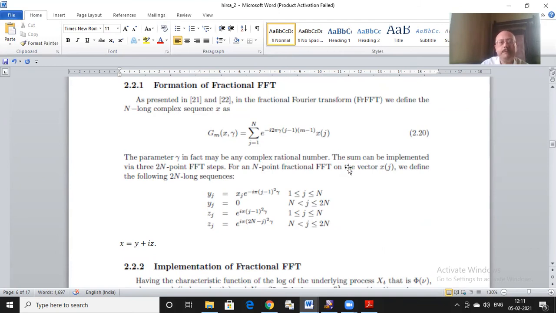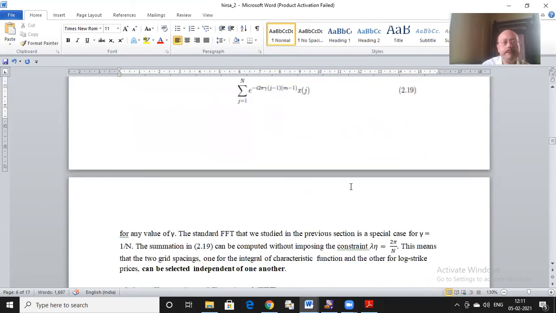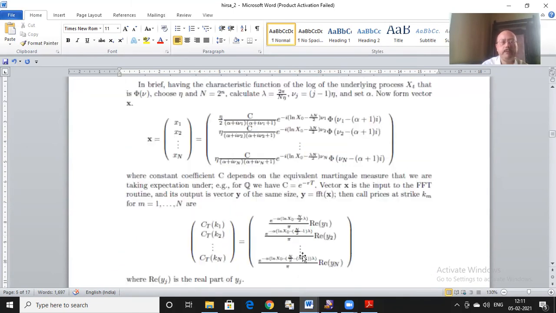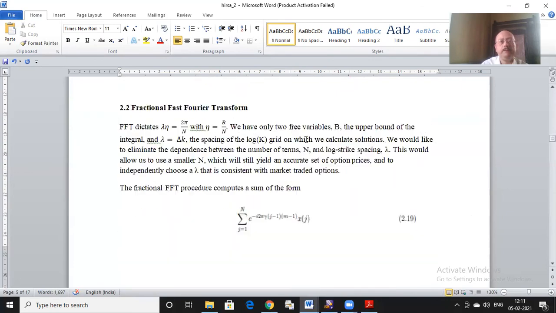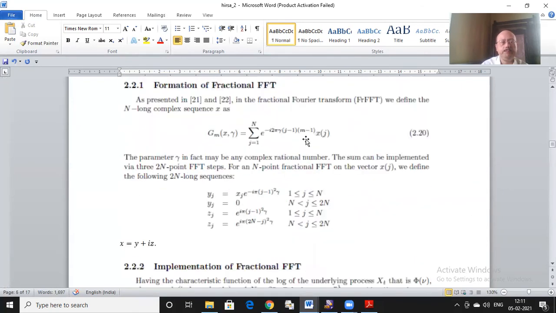It doesn't matter. The sum can be implemented via three 2n-point FFT steps. So I use three sets of FFT steps. We have already seen FFT steps before, and we will need to use three of them.